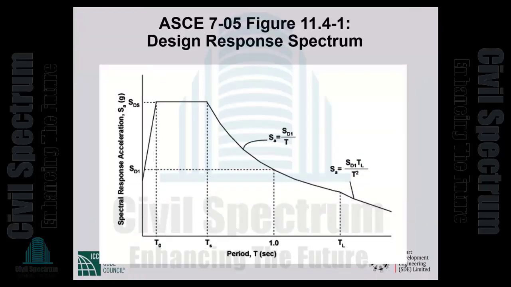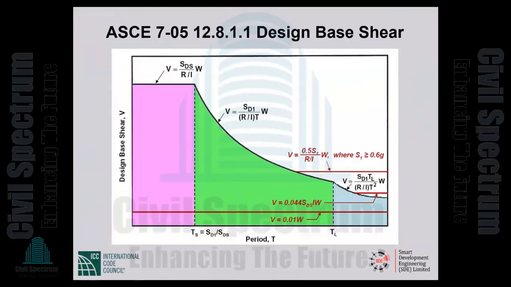Okay, so the design base shear is C sub S times the weight of the structure. C sub S is given by this spectrum. Okay, the design spectrum that you have seen time and again.